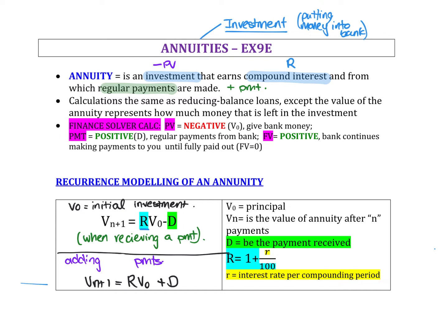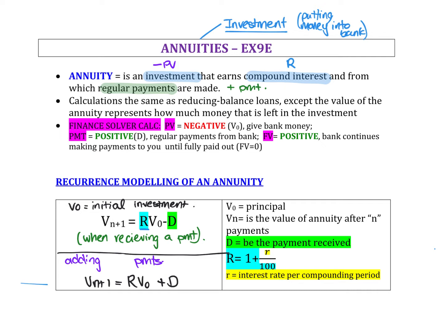Now remember V0, it should have a V0 when you do a recurrence. So you write the initial investment amount there. This scenario is when you are taking out a payment. Sometimes you can get an annuity where you're adding extra, for example superannuation.